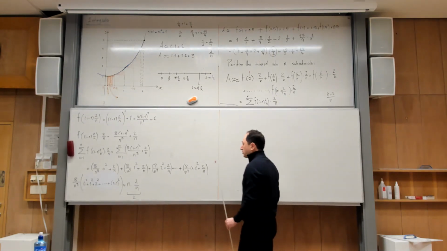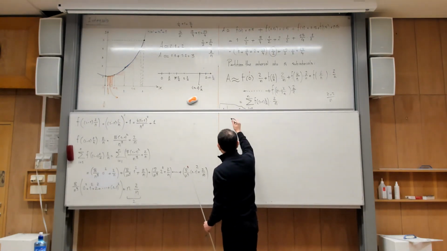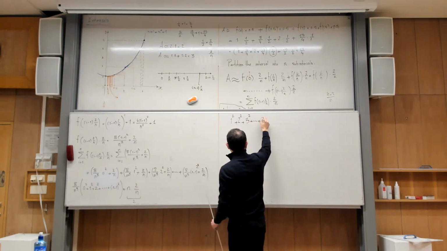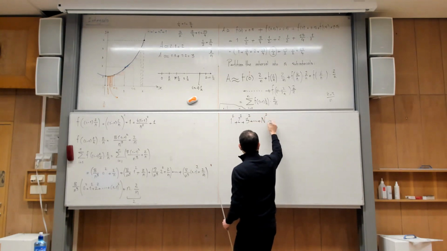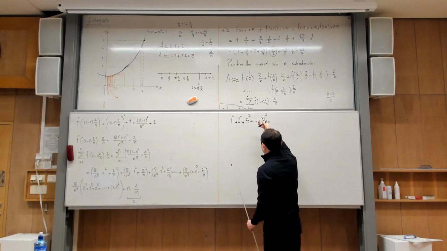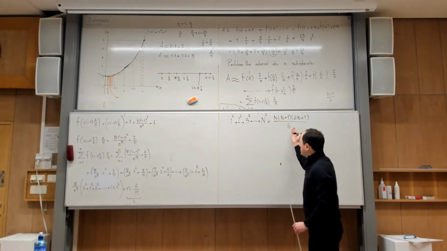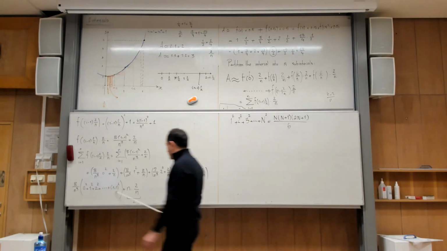We had this formula that if I have 1 squared plus 2 squared plus 3 squared, and continue until n squared, the answer of this sum, which you proved using mathematical induction, is n times (n plus 1) times (2n plus 1) divided by 6. Yes, I can use this formula to sum this up.